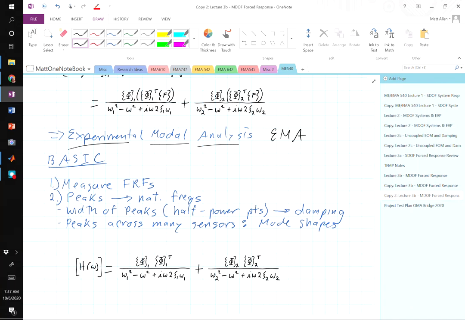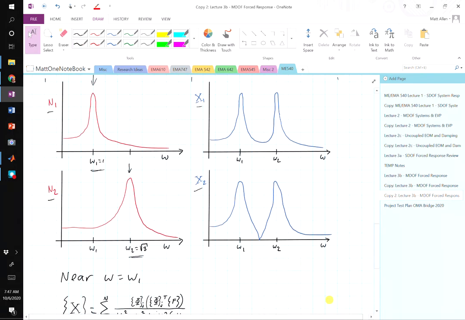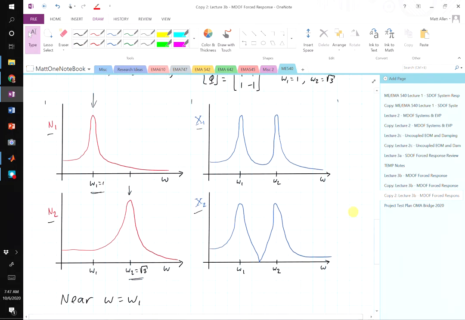So the most basic approach is really what we've described already. We measure some FRFs, such as this one right here, frequency responses. We identify the natural frequencies as the frequencies where those peak, and we can use the width of the peaks, or the half-power bandwidth method, to figure out what the damping is.